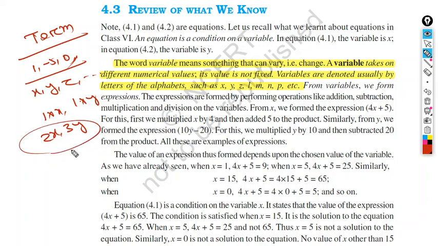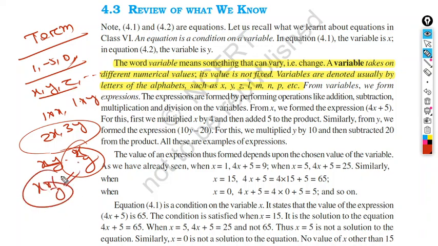They can also be terms, or a combination of variables like xy, x by y. But you have to remember the combination should be in terms of multiplication. Here you can see x and y have been multiplied. Here you can see x into 1 by y, that is equal to x by y. So the combination must be in the form of multiplication. So that is your term.